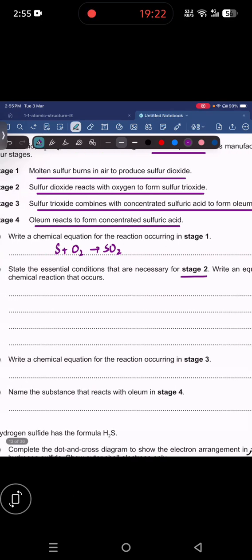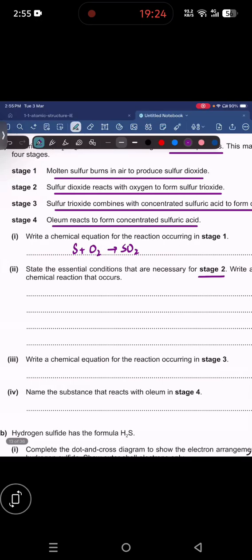So first of all, we will write the equation here. Can any one of you please give me the equation for this stage?